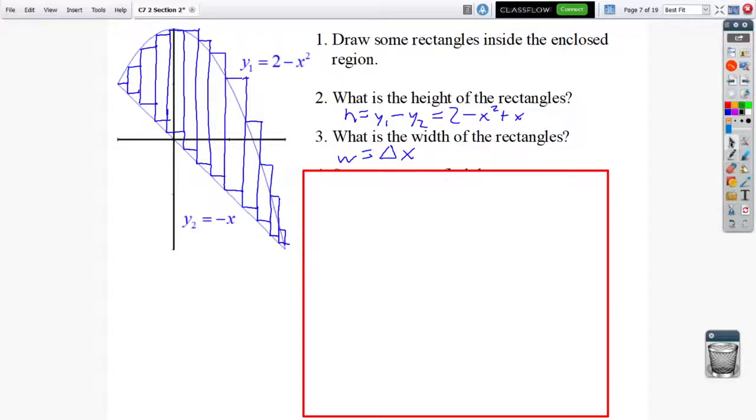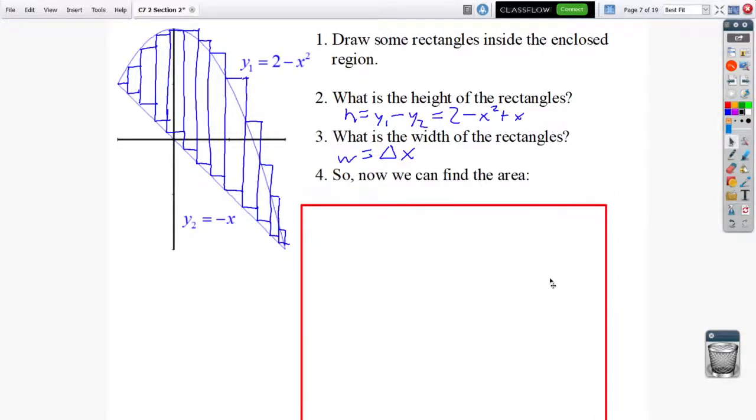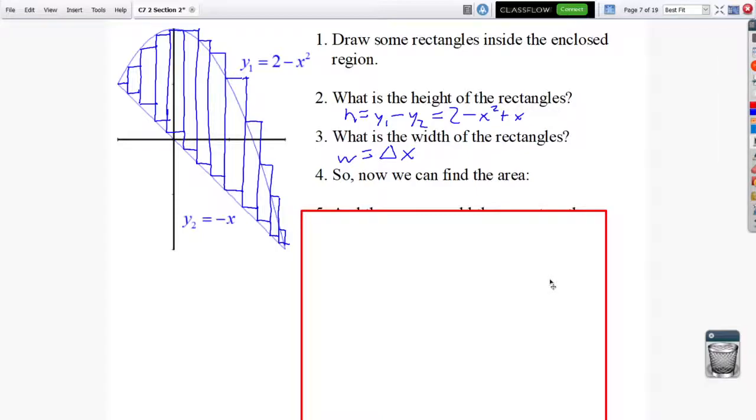Now I bet you can't figure out what we're going to ask next. What is the area of one of the rectangles? We know that the area of a rectangle is equal to the height times the width. So we can write that in terms of this: y1 minus y2, the dominant function minus the non-dominant function, times delta x.